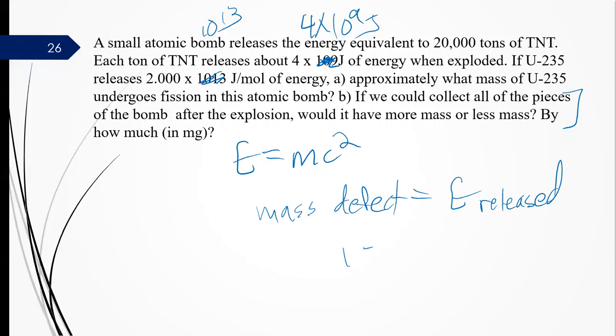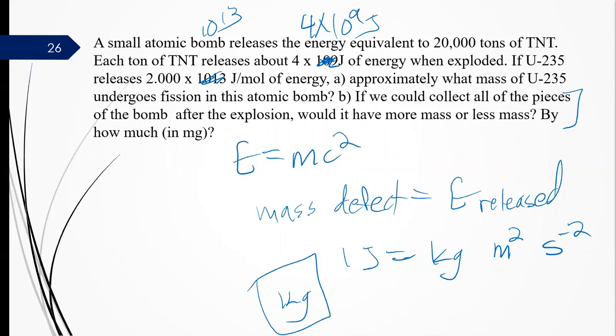And remember that 1 joule is a kilogram meter squared second minus 2. So just get your mass into kilograms. And as long as you use the c from your chart, which is in meters per second, all of those things will work themselves out. So the tricky part is just remembering to get your mass into kilograms.